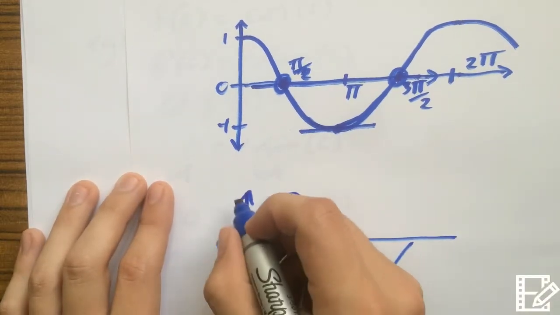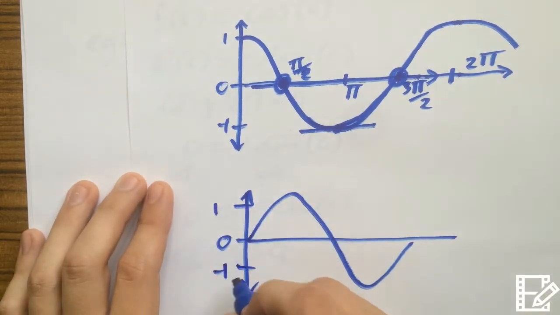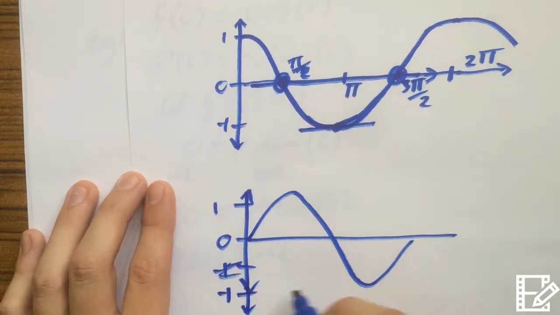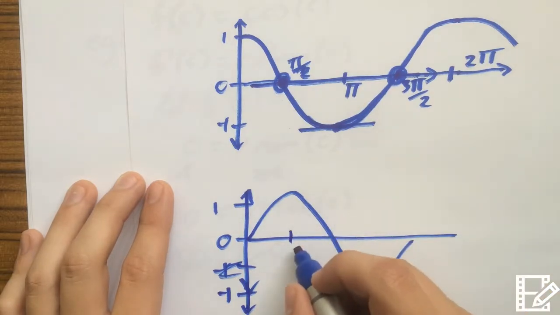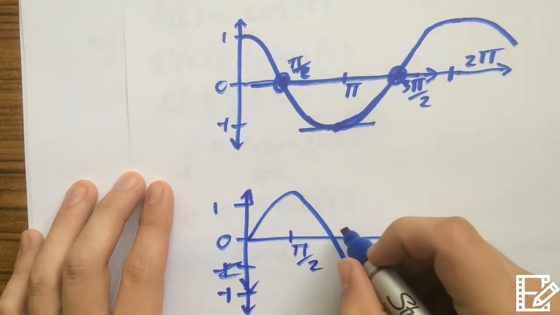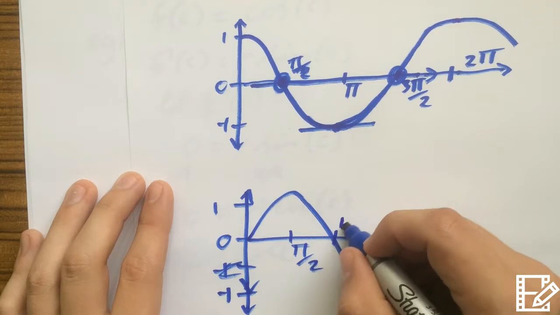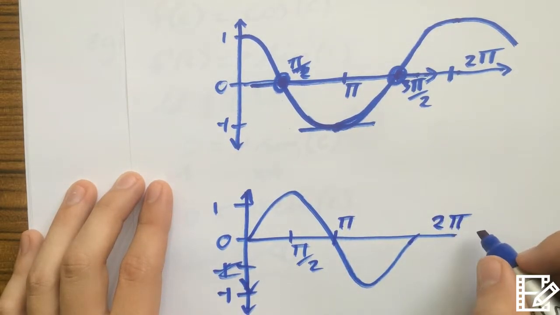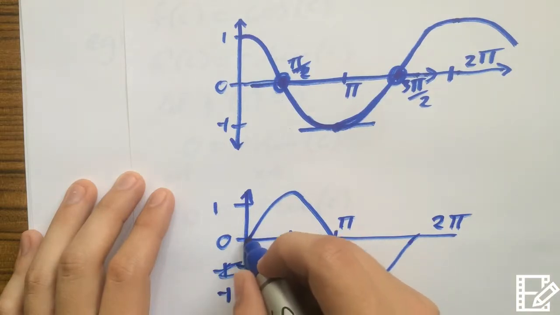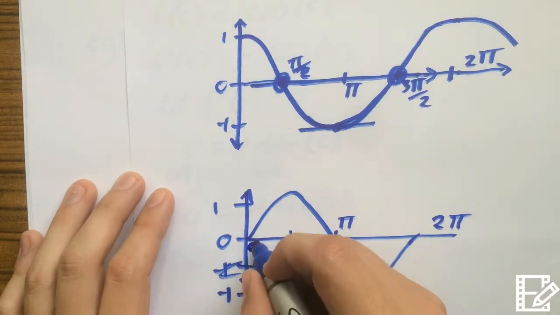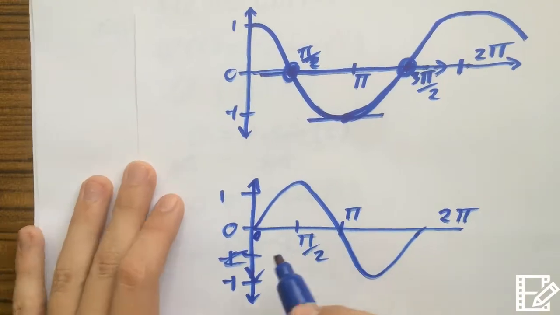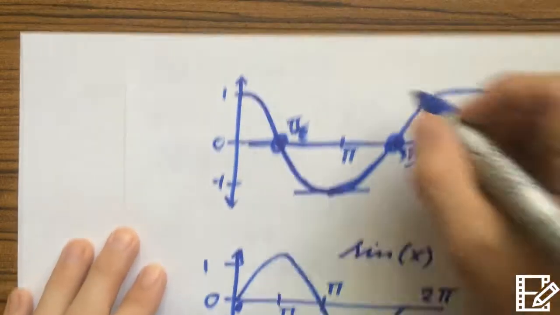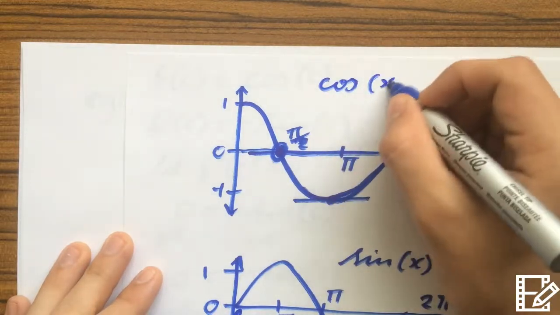This is 0 here, this is 1, and this is negative 1. This is pi on 2, this is pi, and this is 2 pi. And over here, this is just 0, a starting point. So this is sine x, and this is cos of x.